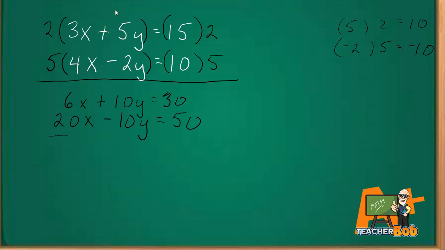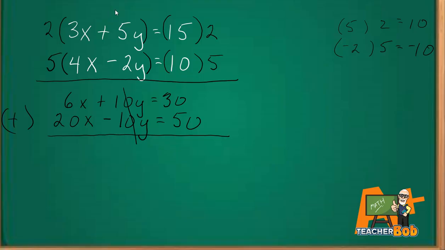Now what we want to do is combine these two equations for our system. So we can see that the 10y and the negative 10y cancel out. So this is going to give us an equation with only x's in it.